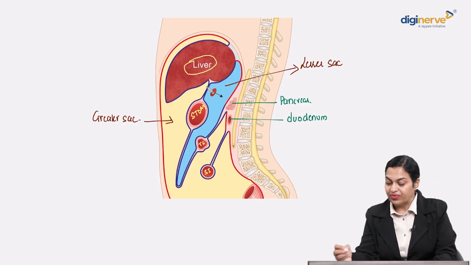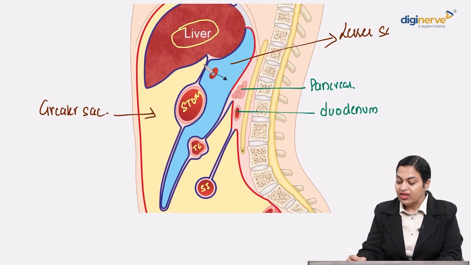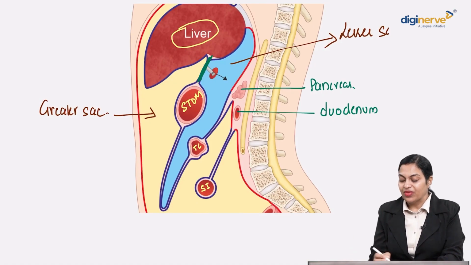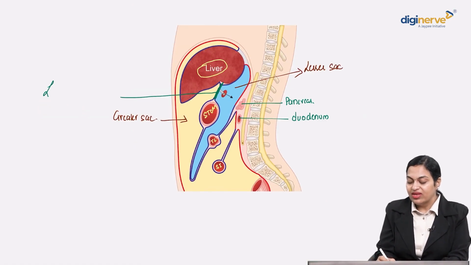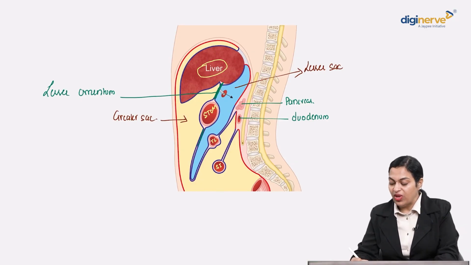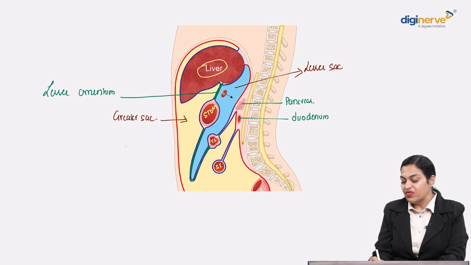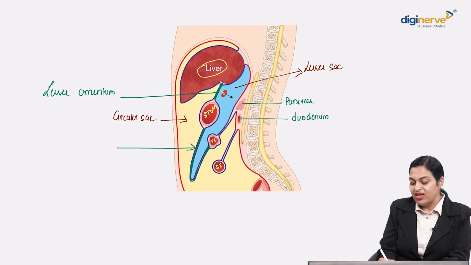Now, this ligament extending between the liver and the stomach, can you tell me what is it? The lesser omentum. And this one, from the greater curvature of the stomach towards the transverse colon, will be the greater omentum.